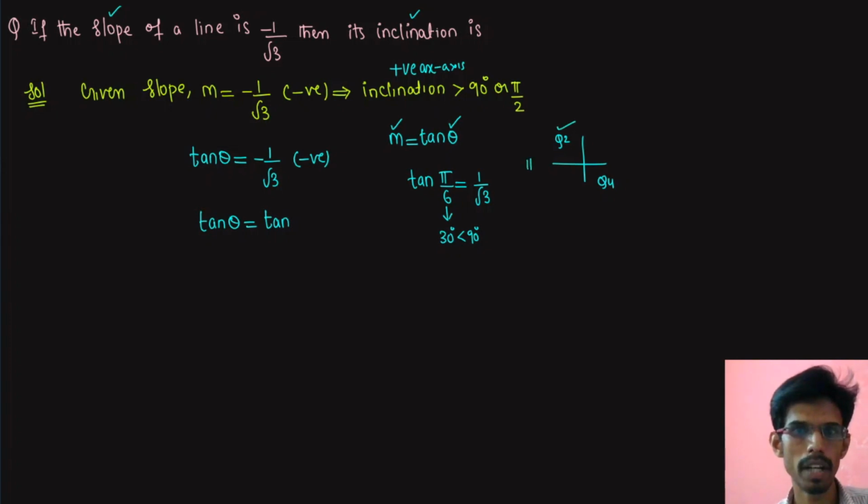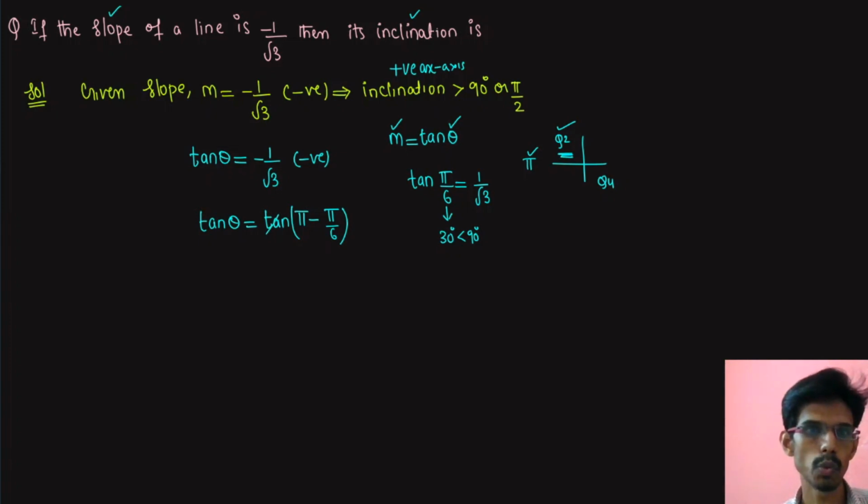So we have pi, and we have to subtract pi by 6 from it. So the angle will be pi minus pi by 6.